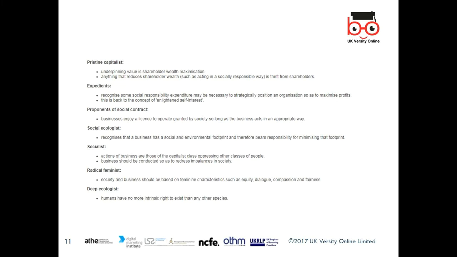So we need to look at the classes of people. Business should be conducted with regard to imbalance in society. A lot of discussion is going around, like promoting fair trade, but an apple of fair trade is £3 and a normal apple is £1.